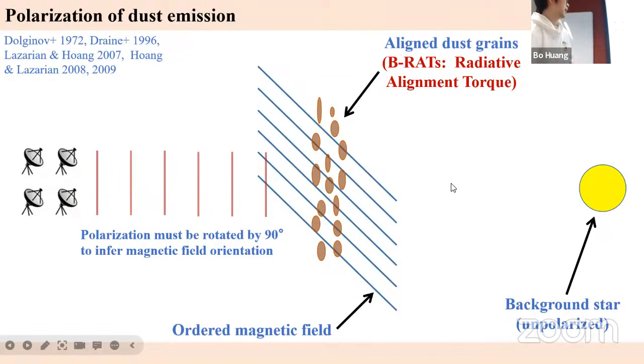You can see the cartoon field here, and the cartoon grain aligned by the radiative mechanism. They typically emit polarization more strongly along their long axis than along their short axis. So you detect the polarization orientation, and to infer the magnetic field direction, you take this orientation and rotate it by 90 degrees. That's what we are going to see for most of the talk.